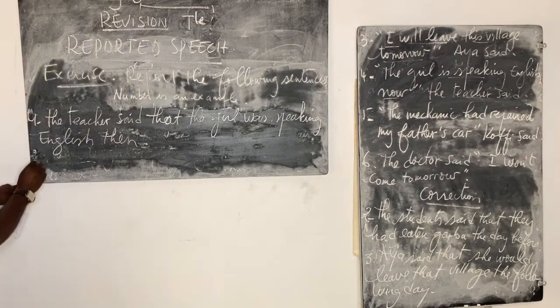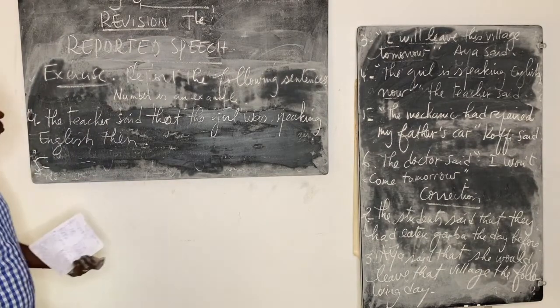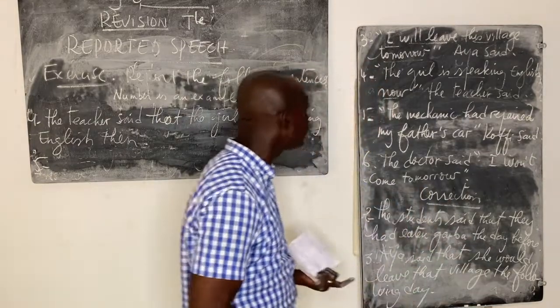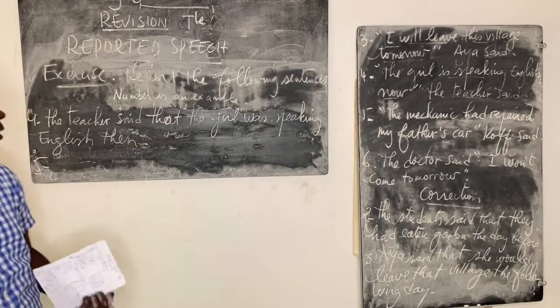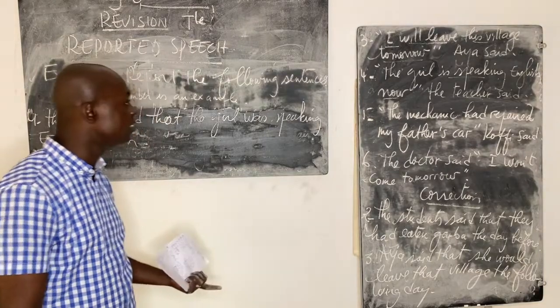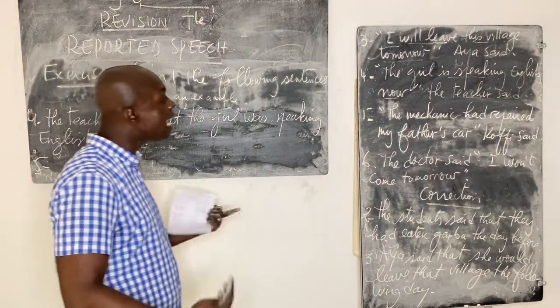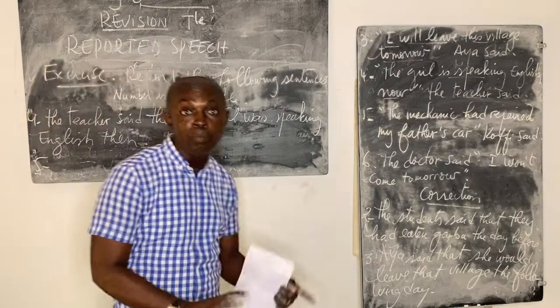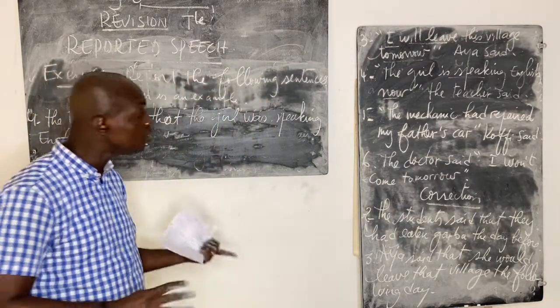Sentence number 5. What does it say? It says the mechanic had repaired my father's car. Past perfect. The past perfect, remember, remains past perfect. It does not change.